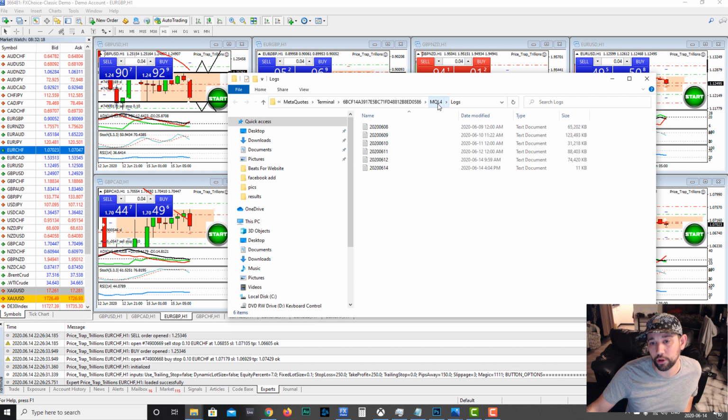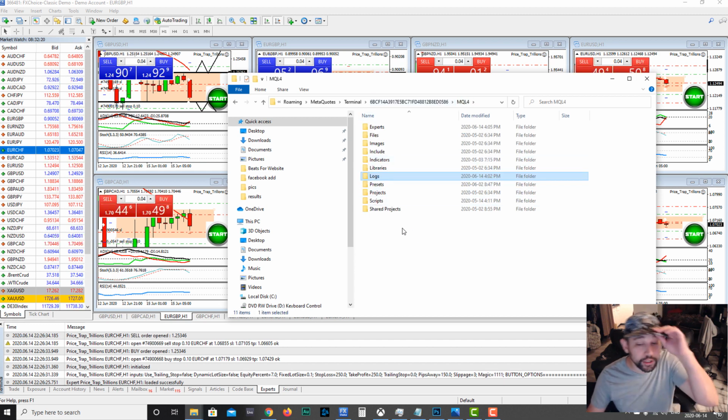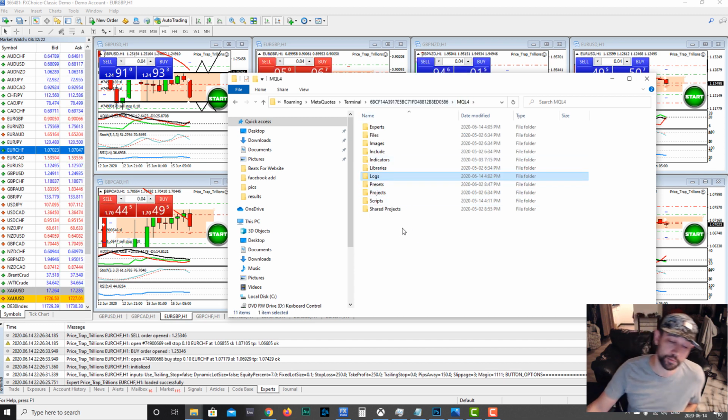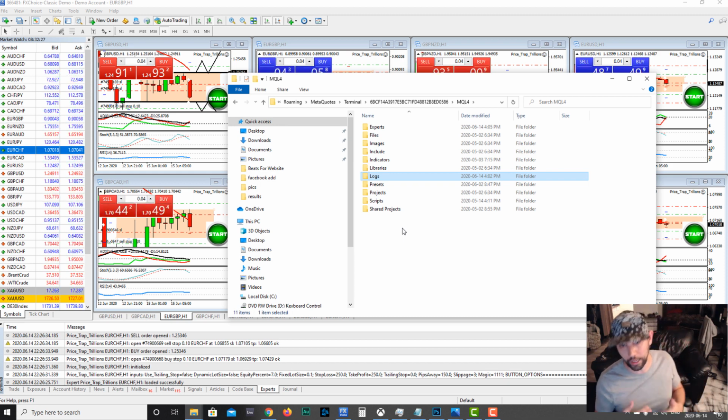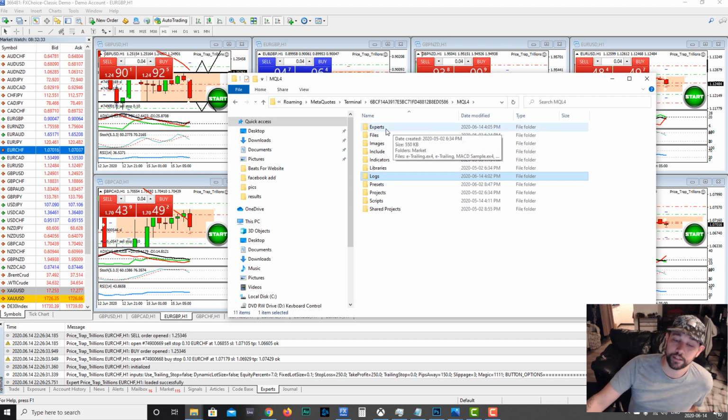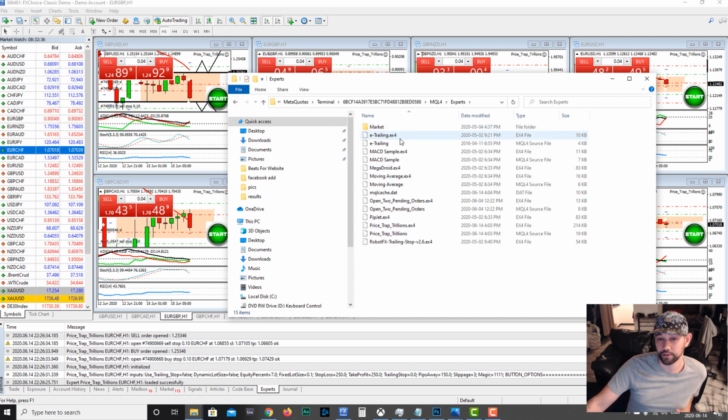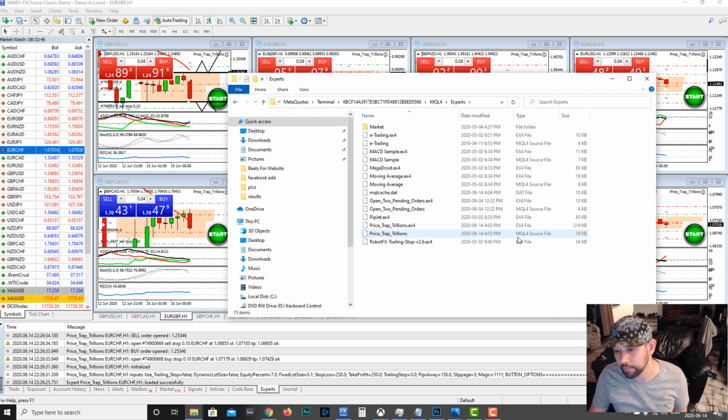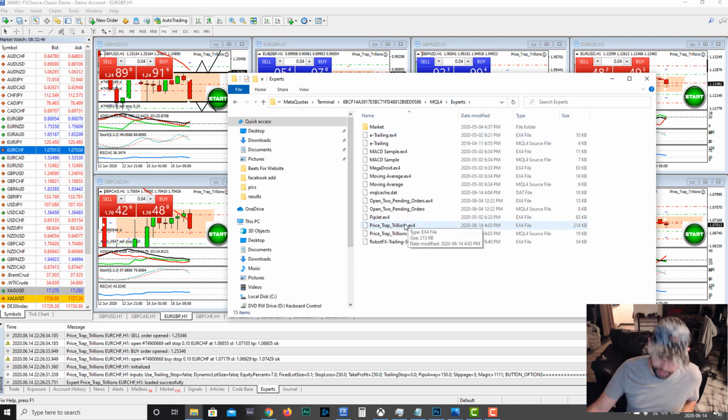Then I click to MQL4, okay? On some of your computers, it's going to be in C, Program Files, MetaTrader 4, FX Choice. It was actually hard to find on my computer, and I struggled, and I finally found this out, and this is where it is. You need to drag Price Trap Trillions, the two files. One's an EX4 file and an MQL4 source file. You just drag them into this folder, Experts. You close and reopen MT4, and you'll be able to use Price Trap Trillions.